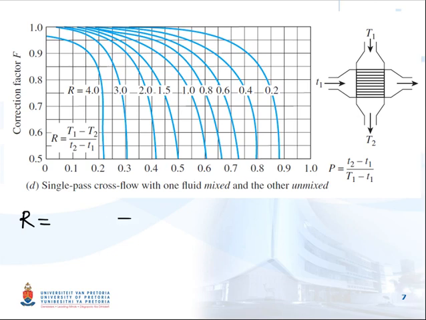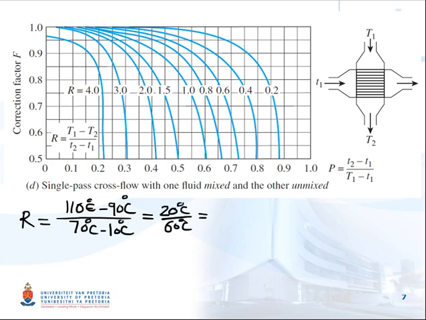I'm just going to put the values here: 110 minus 90, divided by 70 minus 10. So what we have is 0.33.